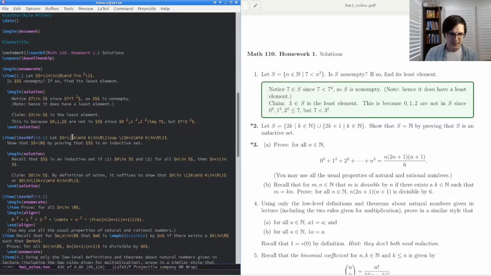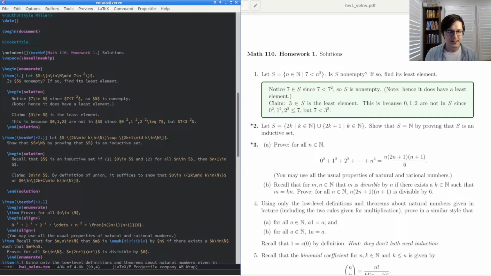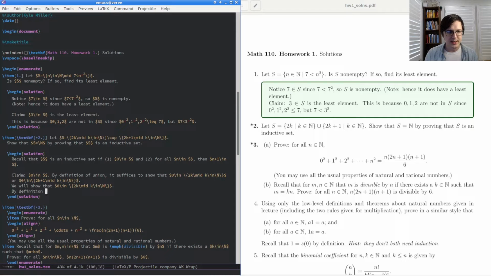So since this is an OR, we can show that either of them is true. So let's show the first one, and let's copy paste. By definition of set builder notation, this is that there exists a k in n such that 0 equals 2k.